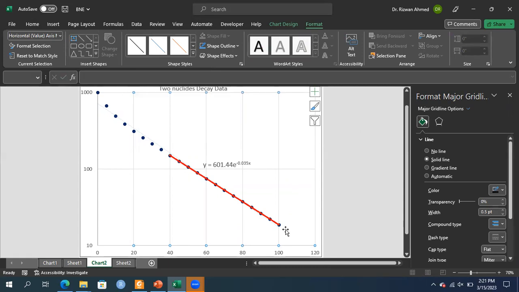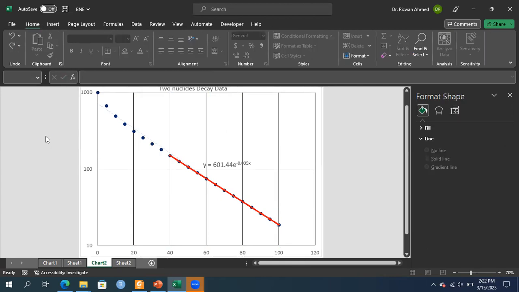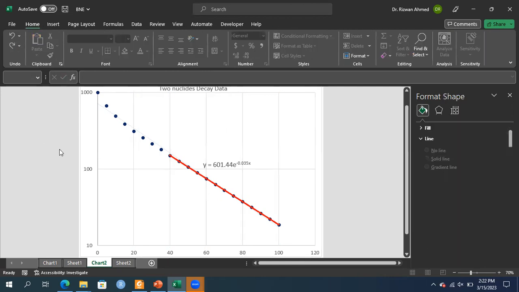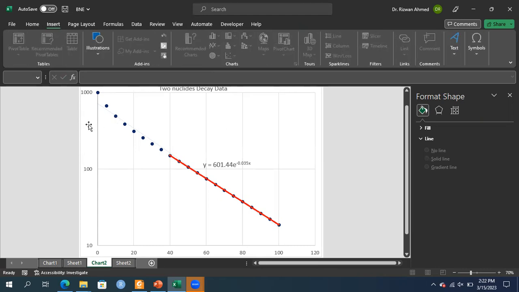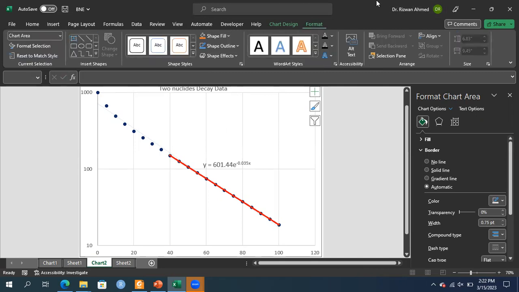So if I extend this line, it's very difficult to find the proper controls.